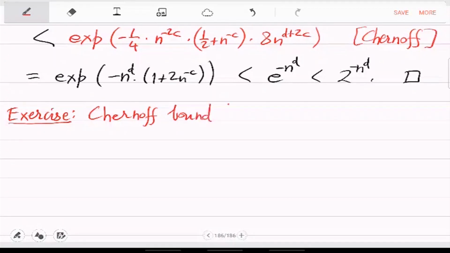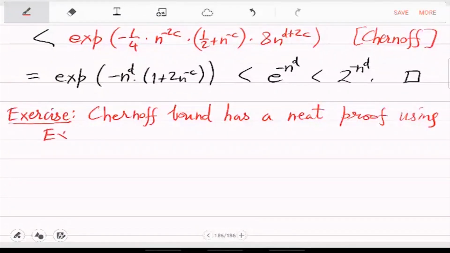So Chernoff bound has a neat proof using this operator of expectation on e raised to t times sigma xi. Okay, you look at not the sum of xi, but actually the exponentiation of that. T is a variable, and use Markov bound.